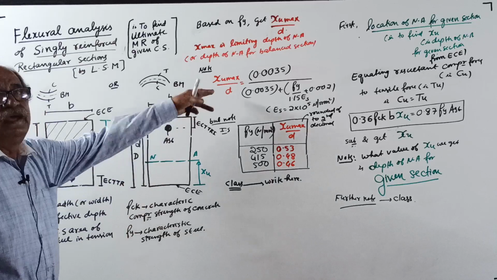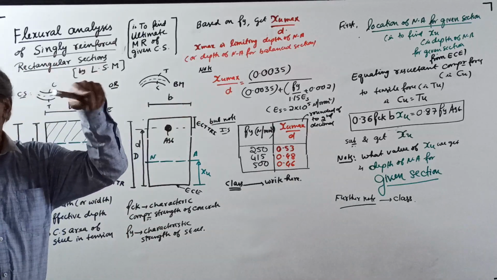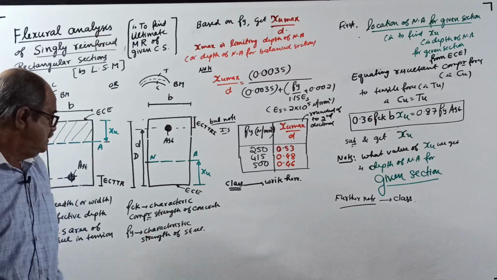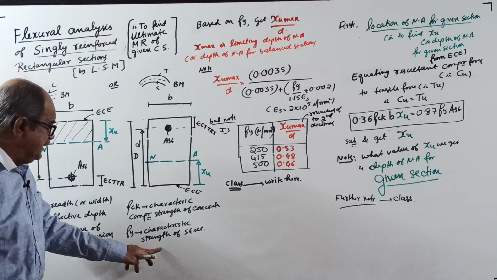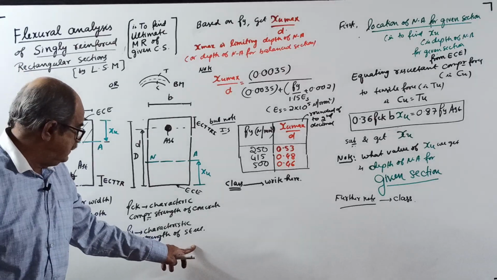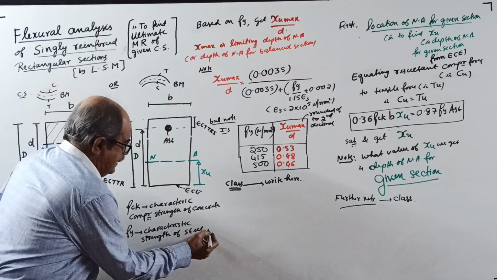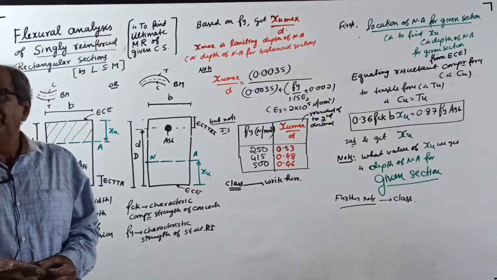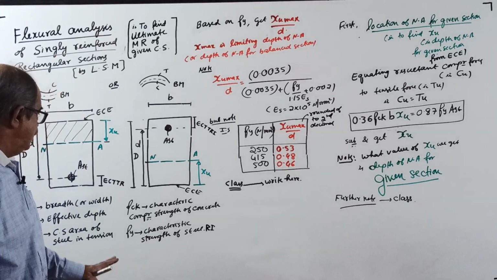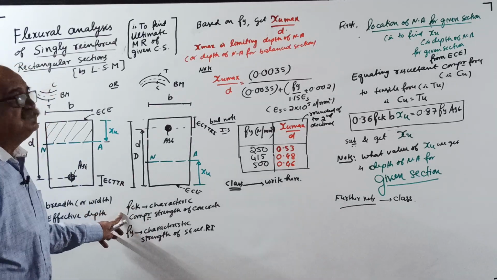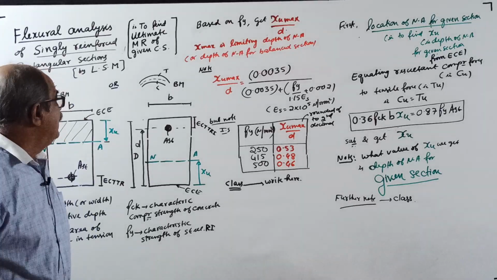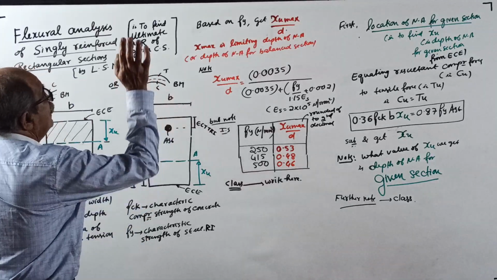For that only, after partial safety factor, you finally got 0.45. That was all discussed in the regular class. fy is the characteristic strength of steel reinforcement, or you consider the yield stress of steel. You get these two values based on the given grade of concrete and given grade of steel.